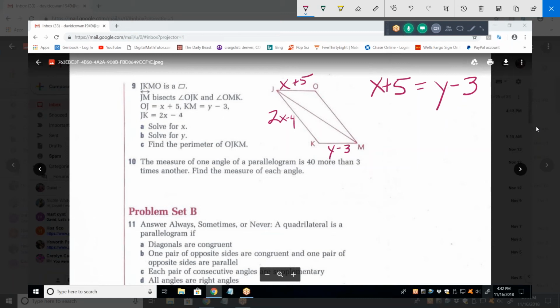And notice that we haven't yet used some of the information they gave us. The angles. They're bisected, meaning that one is equal to that one, and this one is equal to this one. So what are those two triangles? Not isosceles. No, they're congruent.